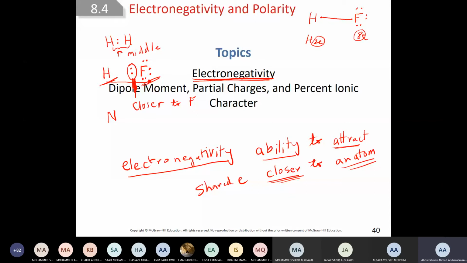How did I draw the electrons? Closer to fluorine. All right. Is this clear? Very good. Now, this electronegativity, which we defined, I hope you don't forget the definition of electronegativity.